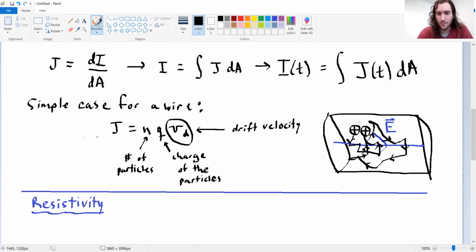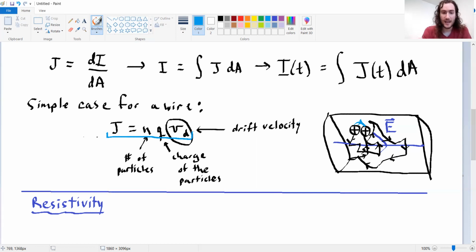And so that's kind of the viewpoint that we'll take here when we look at this kind of expression with the current density just kind of given in a very simplistic form, where you just count the number of charges and you multiply by the charge of each of those particles to get the total charge, and then multiply by this thing that we call the drift velocity, which is the velocity that these things would have if they were like Newtonian objects, like a block of mass, and you applied a force on it.